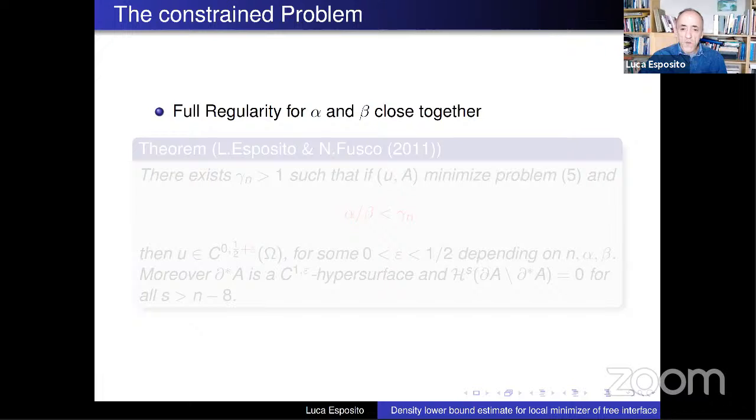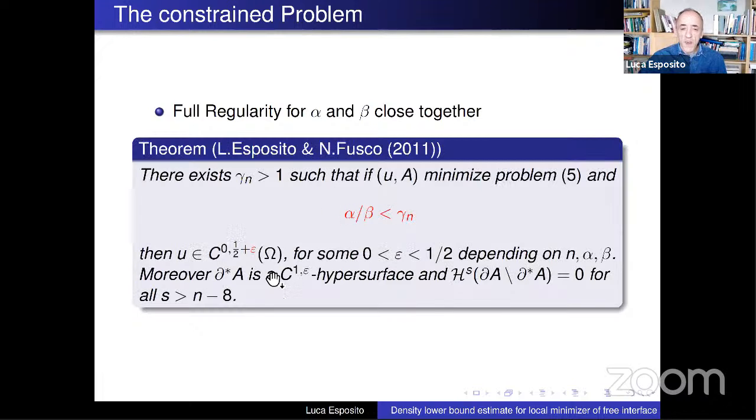And also I want to quickly mention that when alpha and beta are close together, in the same paper we are able to prove that indeed U is continuous with exponent greater than 1 alpha, and, as I told you, this allows to prove the best regularity for the interface you can prove.